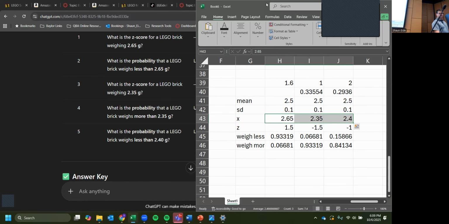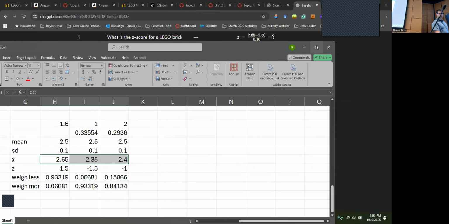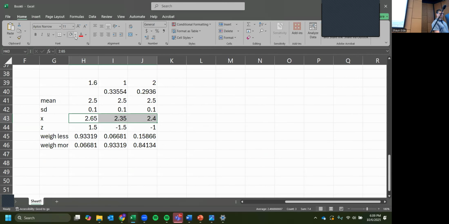So these are the weights of the Lego bricks. Okay, so what's the probability of getting a Lego brick that is between these two weights? What we're gonna do is equals this minus this.